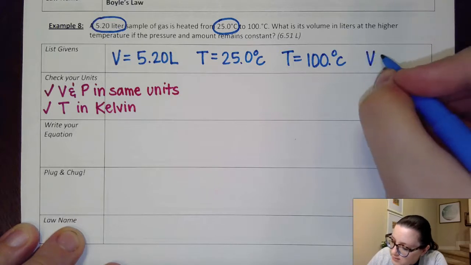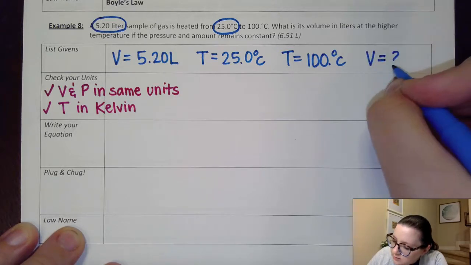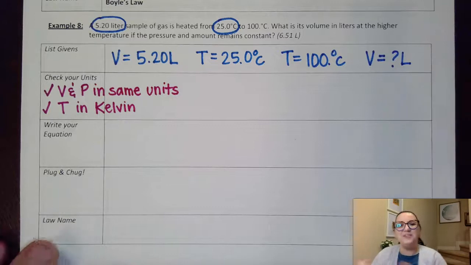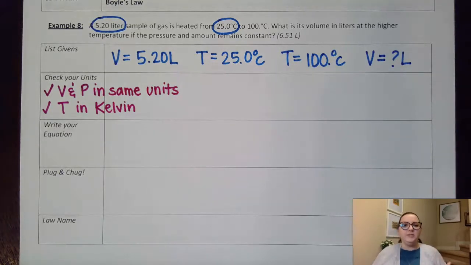So I see that I have multiples of different variables: 2 temperatures and 2 volumes. What I need to do is set one set of conditions as the 1, or the initial values, and the other values as the 2, or the second set of conditions.